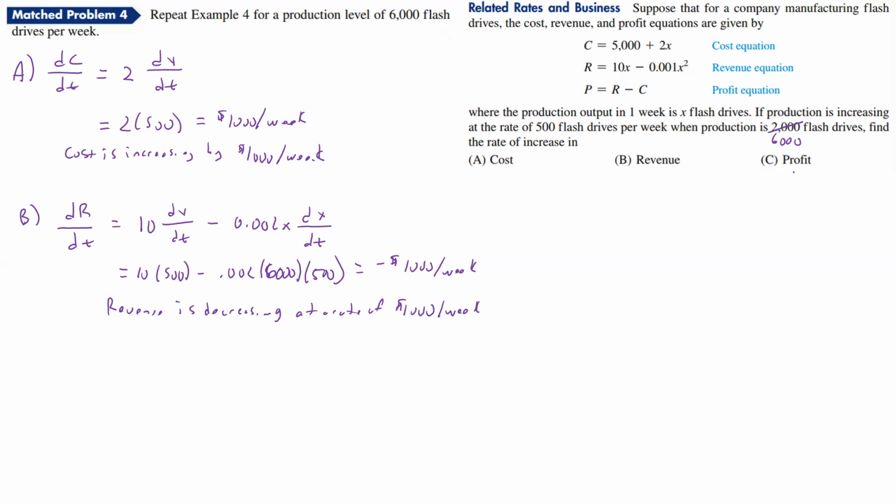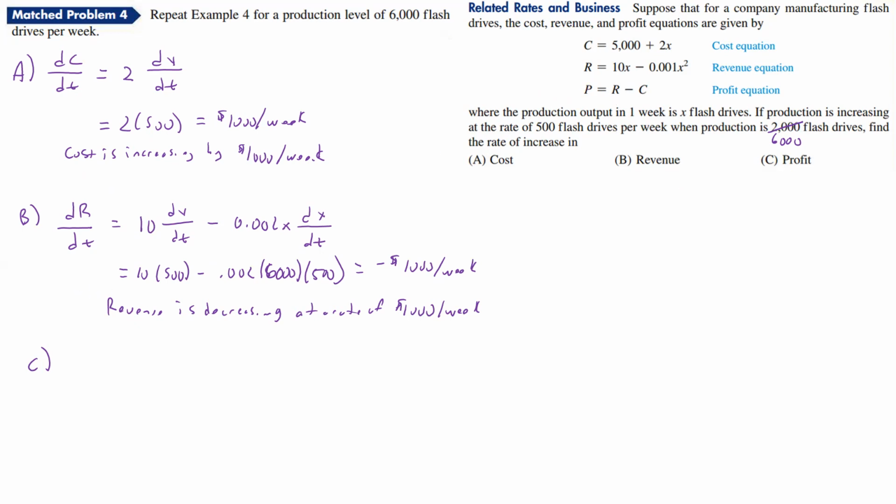Now we're going to do profit. Well, profit is going to be P equals R minus C. So what do we know? Well, we know dC/dt if we took the derivative with respect to time. We know dR/dt, because if we take the derivative of that with respect to time, that would be dR/dt. And then we'll find dP/dt.